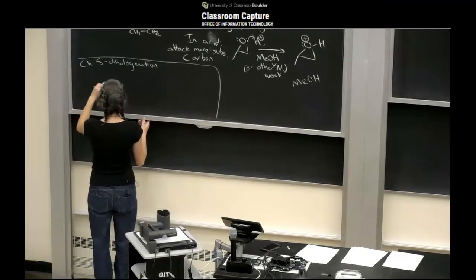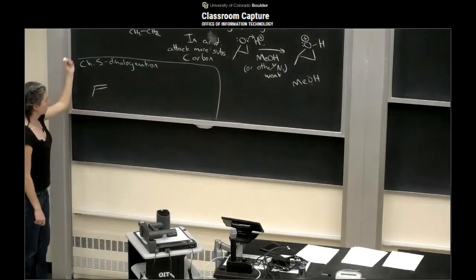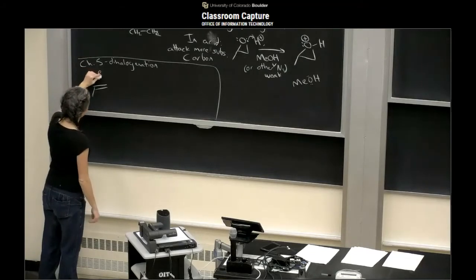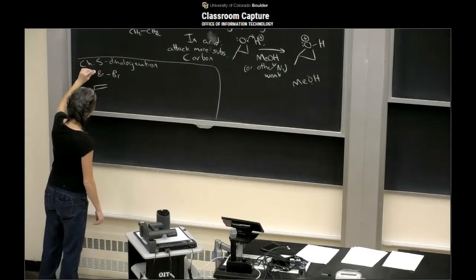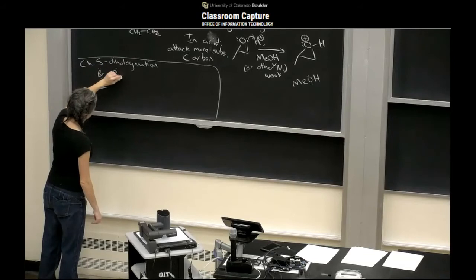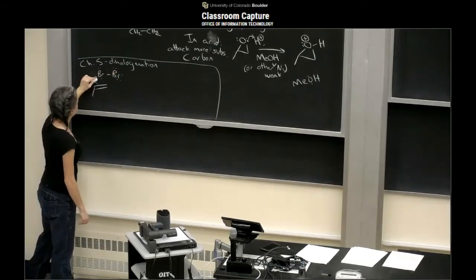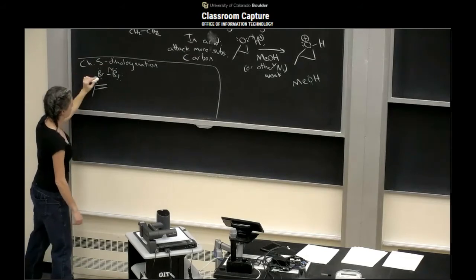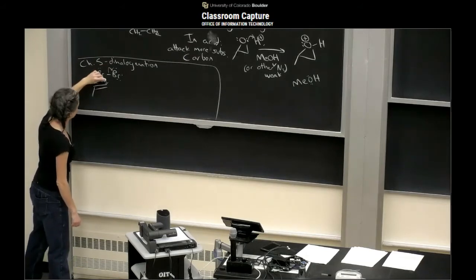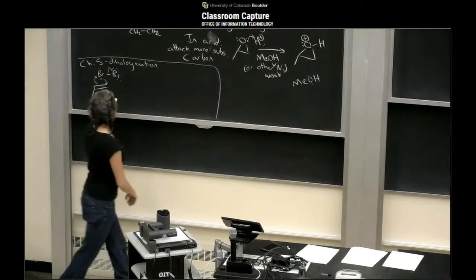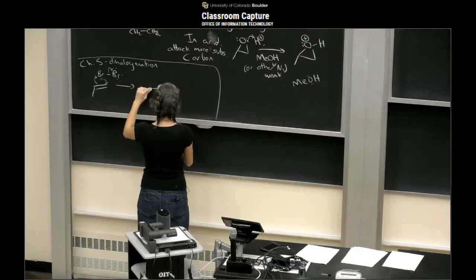If you guys remember, if you take an alkene here and you do a reaction with Br2, that attacks the bromine, kicks out the other bromine, and you make this three-membered ring.